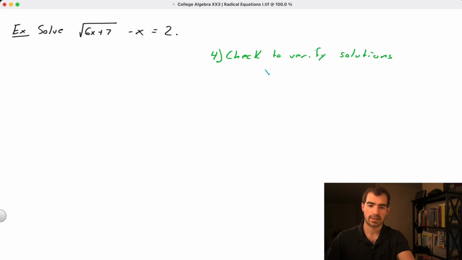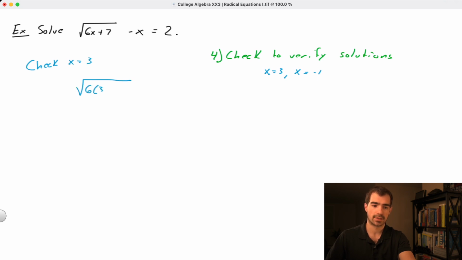And so we found x equal to 3 and x equal to -1. So if we check for x equal to 3, we would plug that into our expression. So the square root of 6 times 3 plus 7, minus x, or minus 3, equal to 2.